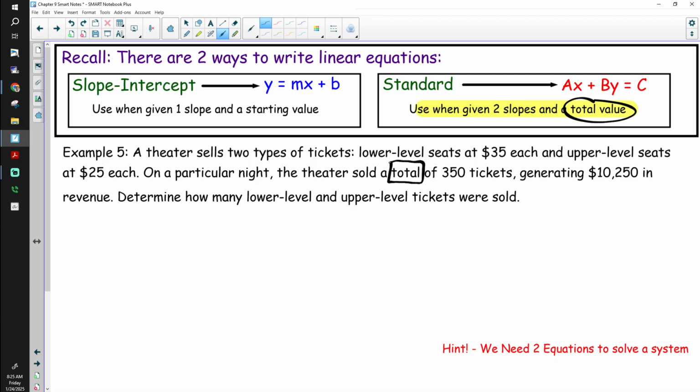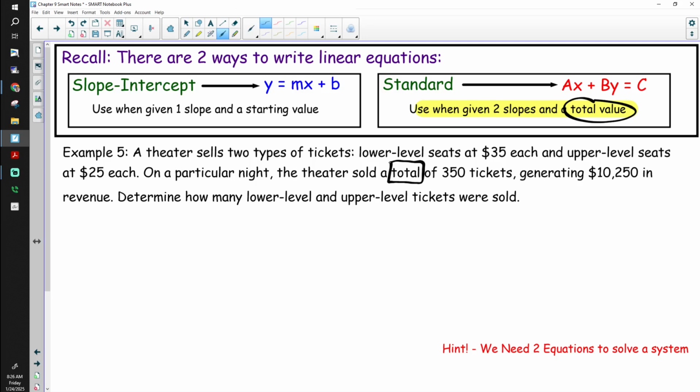Do you see the word total? We know we have a total of 350 tickets. And we know that we generated a total of $10,250. I have two totals, which means I'm going to use standard form 2 times to write my equations.